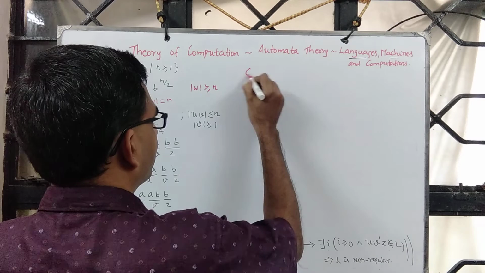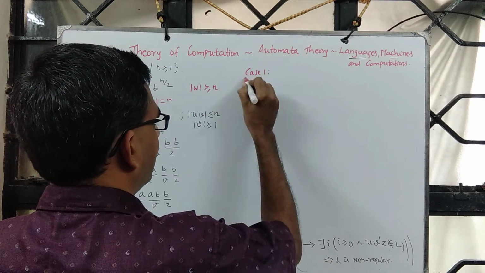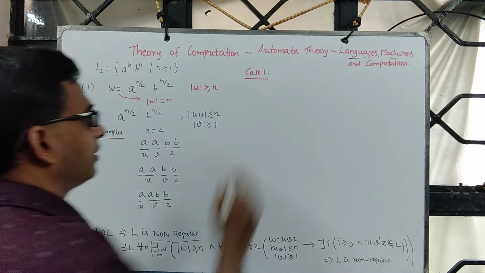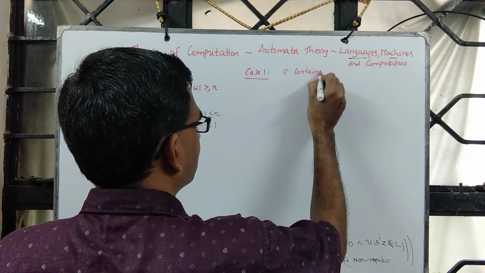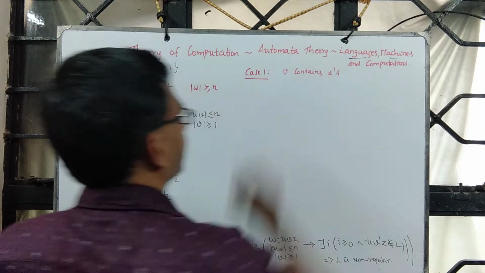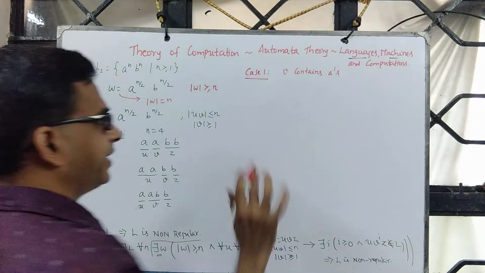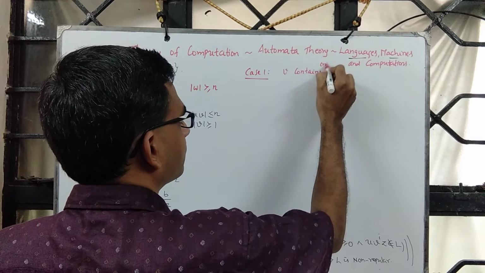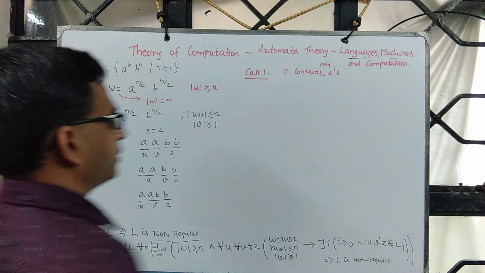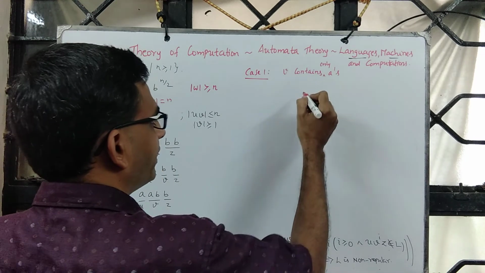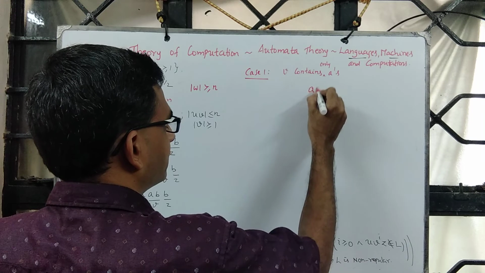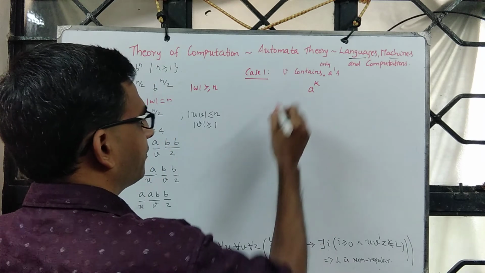Okay, so in general, case 1, V contains A's, only A's. So in this case, we do not know how many it is, which means it is some k, a power k.